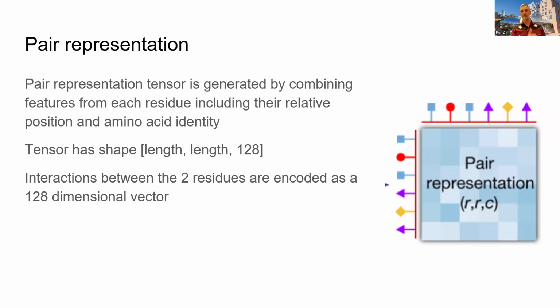And in this case, it's a vector of length 128. Why 128? Well, probably through empirical study, they determined that that was enough information to allow the model to learn what it needed to learn, right? Okay. So the interactions between any 2 residues then are encoded as a 128-dimensional vector.